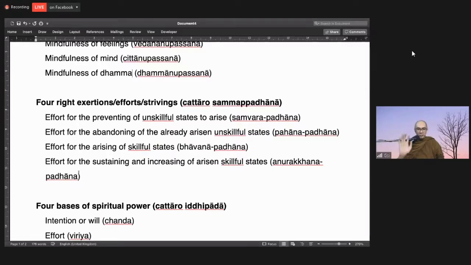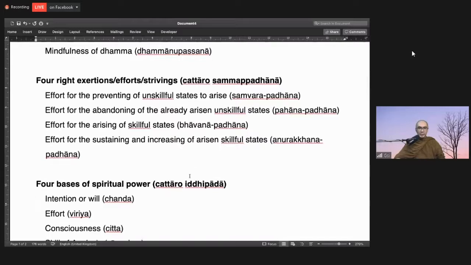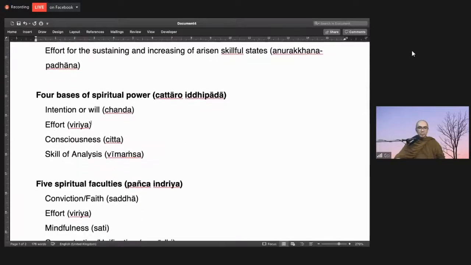Where you have to sustain the, what do you call that, sustain the effort in a balanced manner. Anyway, we're going to look into it a little more. Then we have four bases of success, the basis of spiritual power, the achievement of spiritual power, including nibbana, including enlightenment.